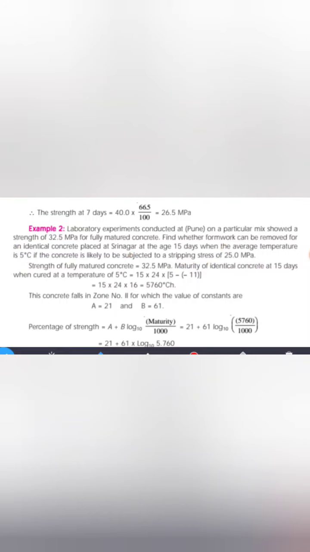So here they are mentioning that in Pune they used some proportion of concrete, and it is going to get 32.5 MPa strength after complete maturity. If the same proportion of concrete is used in Srinagar, for 15 days at an average temperature of 5 degrees Celsius, can we remove the formwork if the allowable stress for removal of formwork is 25 MPa?